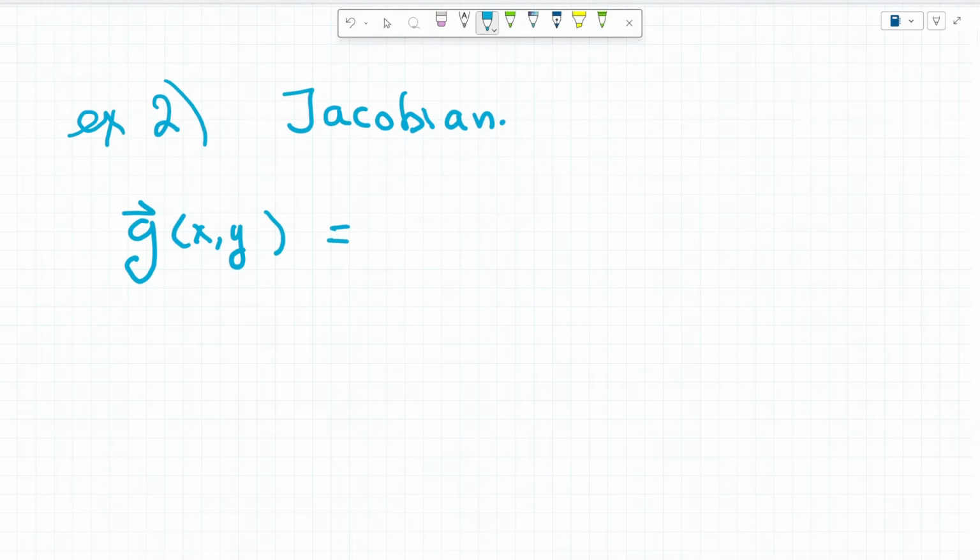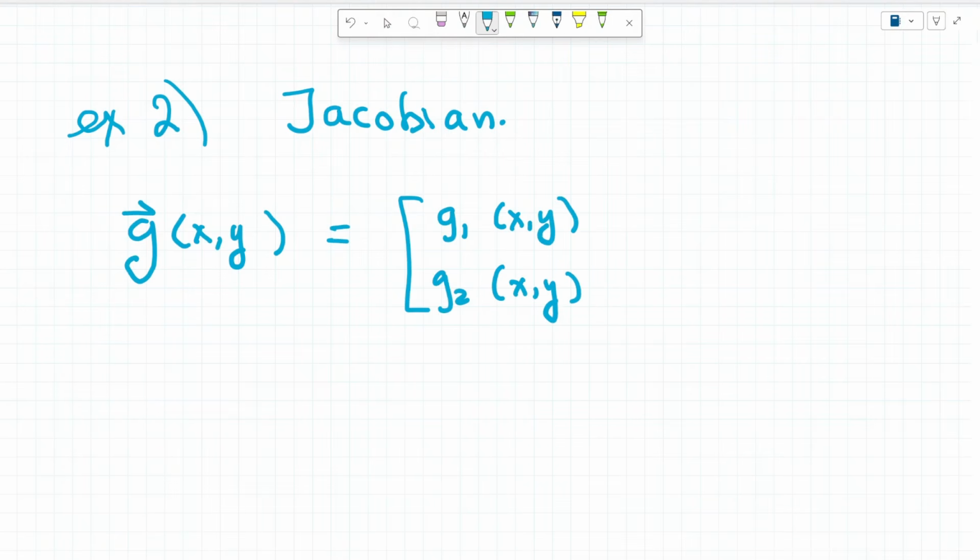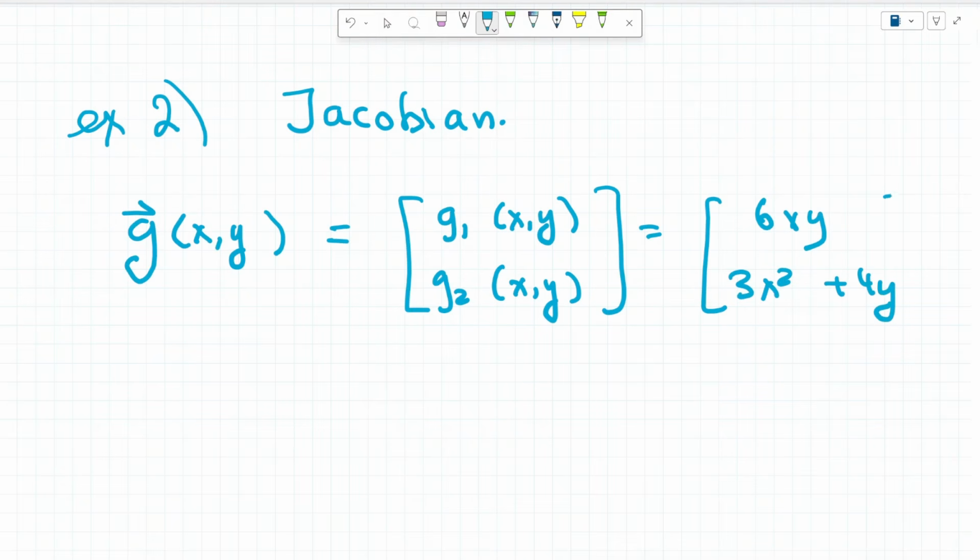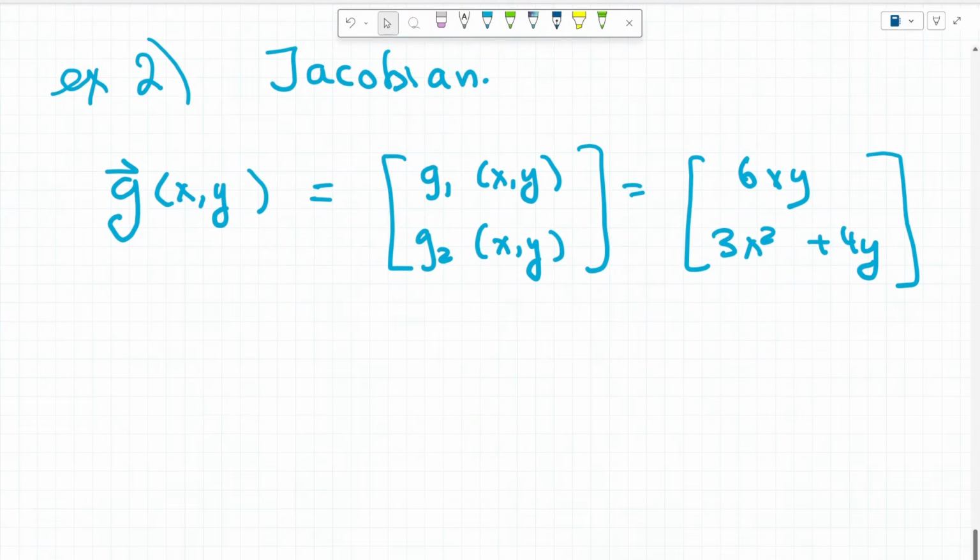So this function here is written as g1 of x, y, and then second row g2 of x, y, and this equals 6xy and 3x squared plus 4y. So now we're basically using our gradient as our input function here because it's a vector.